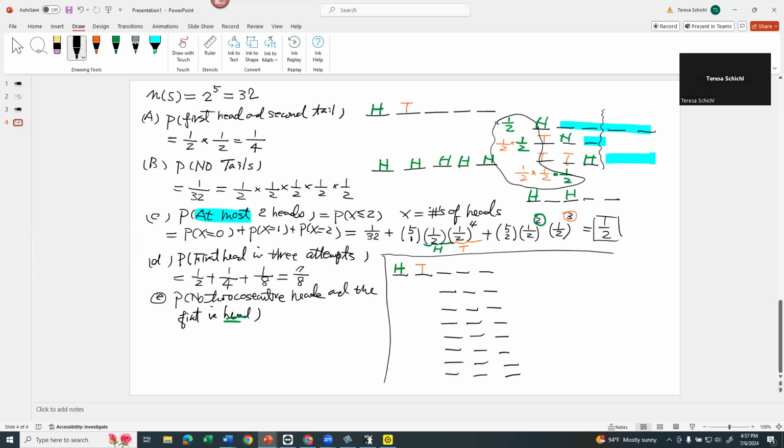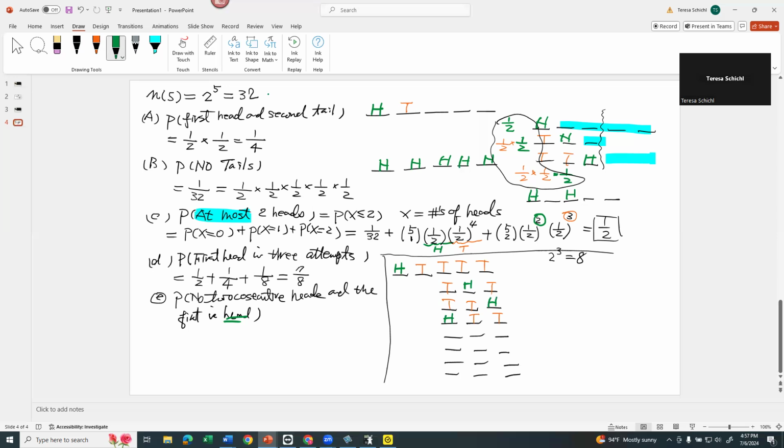Because each one has two possibilities, so 2 to the 3 is 8. So here I can have tail, tail, tail. Every time I have 2 tails, then I will be fine here, right? So then here is a head, and this is a head, and this is a head. So all these will be good situations.